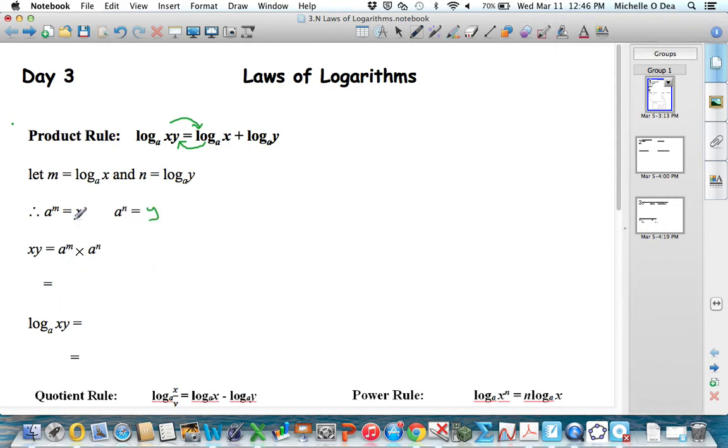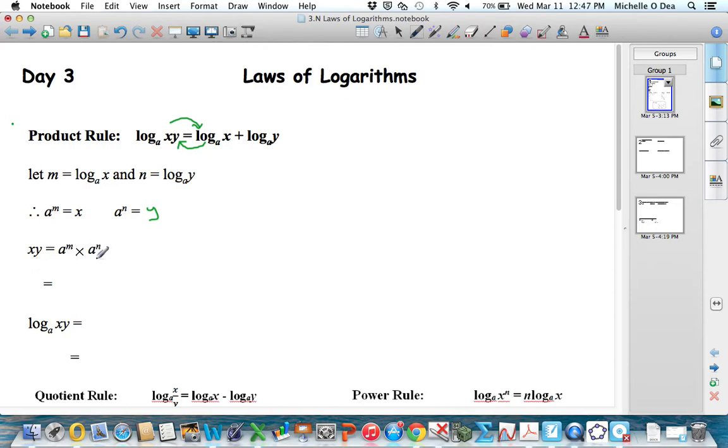Then if we multiply these two expressions, we multiply what's on the left and what's on the right. Multiplying the right, we just have x times y, so xy. Multiplying what's on the left, a to the power of m multiplied by a to the power of n.